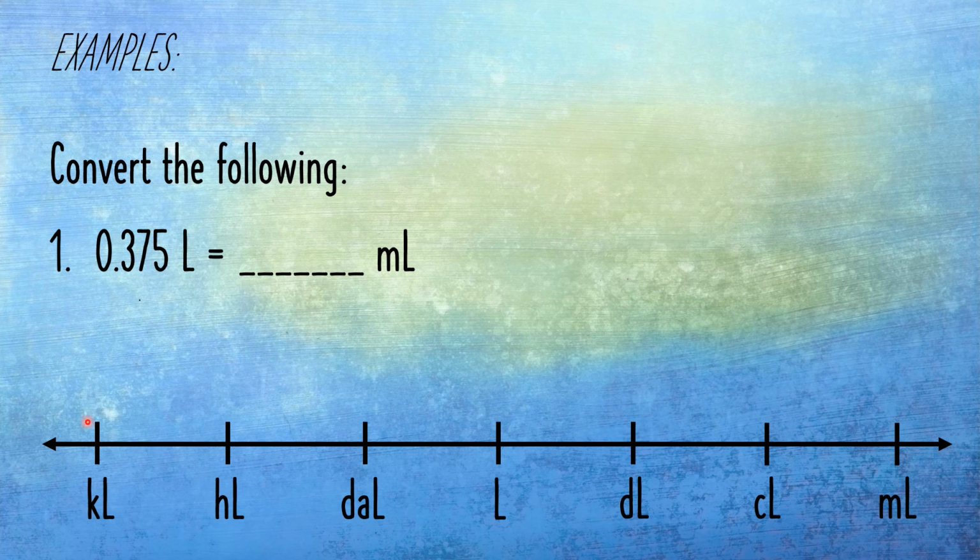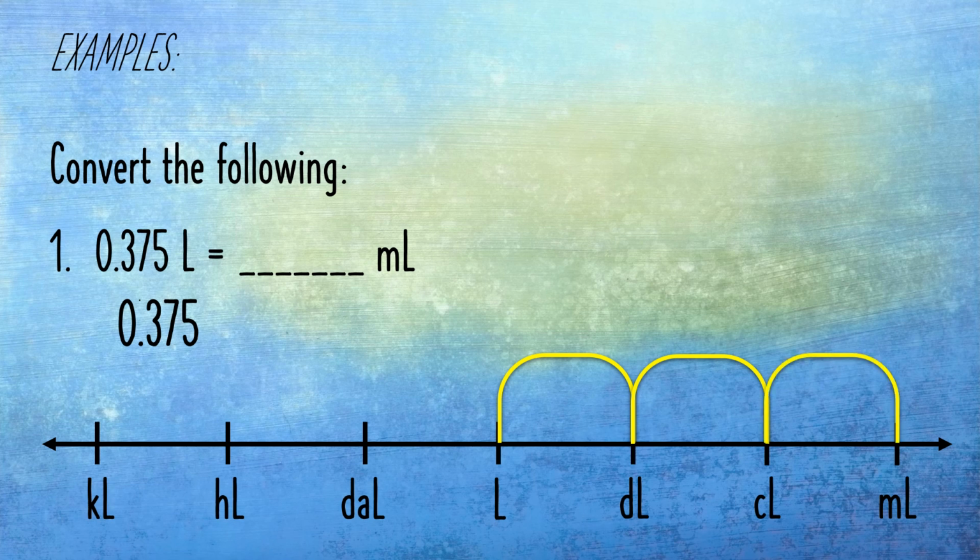So kopyahin muna natin yung ating given, 0.375. I-move natin yung decimal point. So balik tayo dito sa ating metric system. From liter to ml, 1, 2, 3. So let us move the point in 3 moves, going to the right, 1, 2, 3. Therefore, 0.375 liters is equal to 375 milliliters.